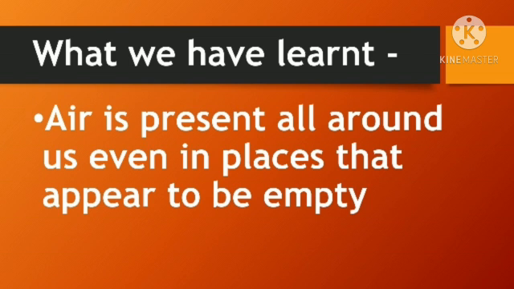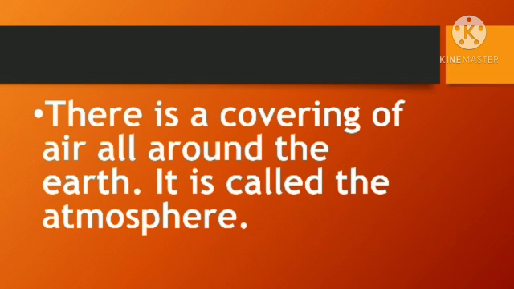So, my dear students, what have we learned? Air is present all around us, even in places that appear to be empty. There is a covering of air all around the earth. It is called the atmosphere.